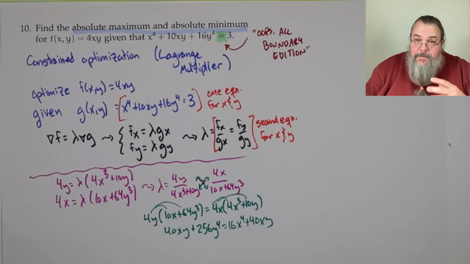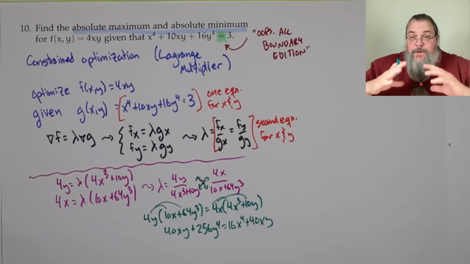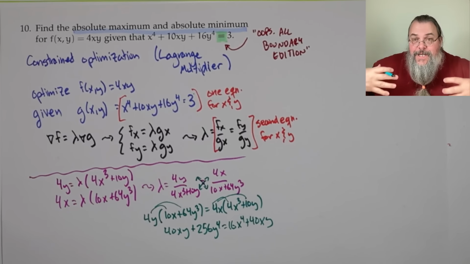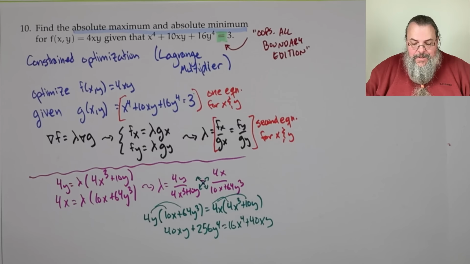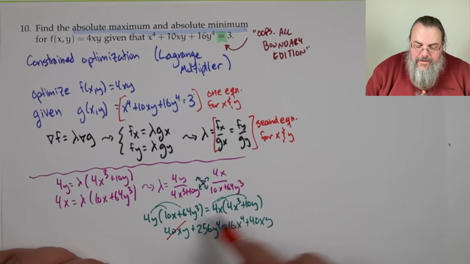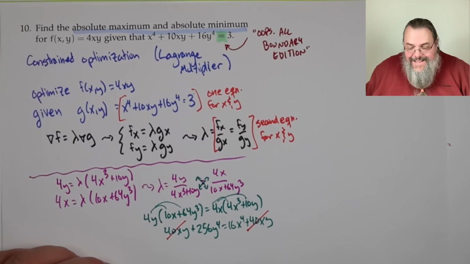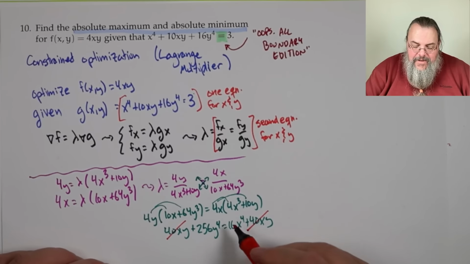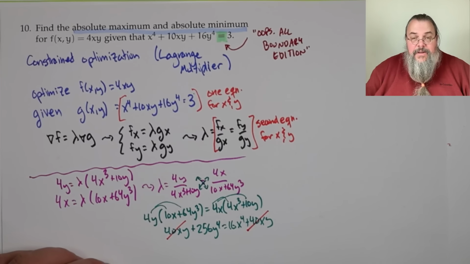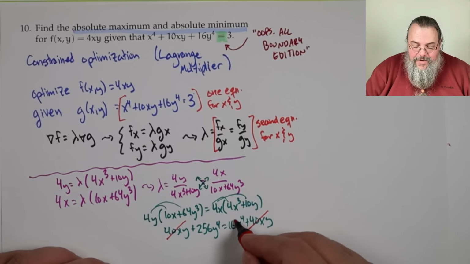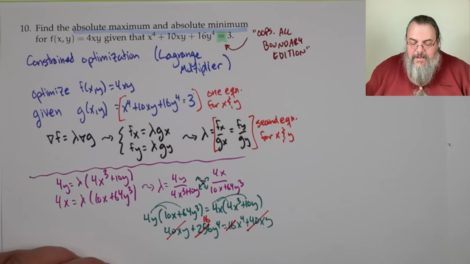And you might get nervous, but remember, if you've lived a good, clean algebra life, nice things are going to start happening. And what are some nice things here? The 40xy's cancel. Nice! Turns out 16 can go into 256. And in particular, 256 is 16 times 16. So if you divide, that becomes 16.